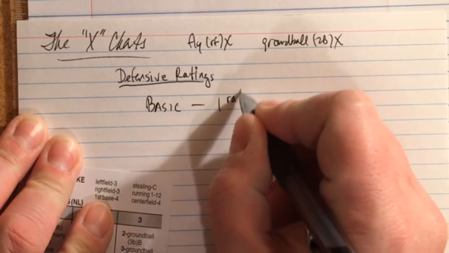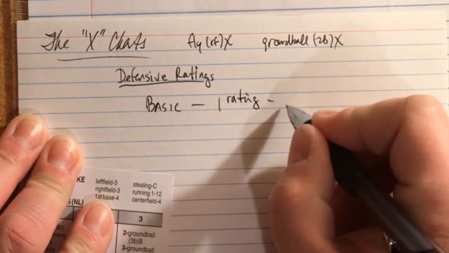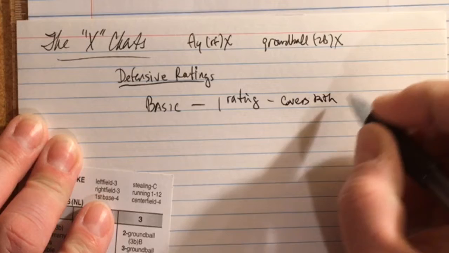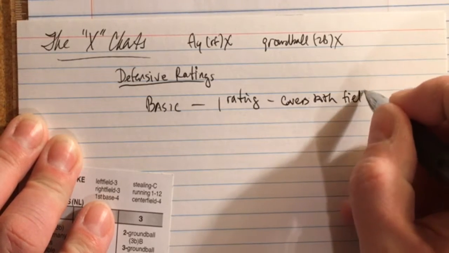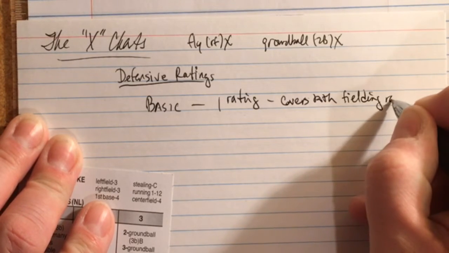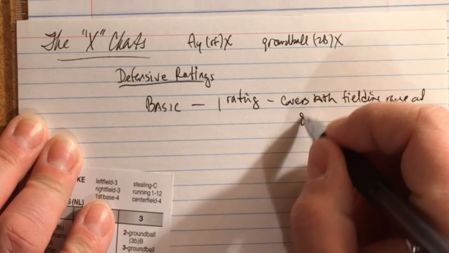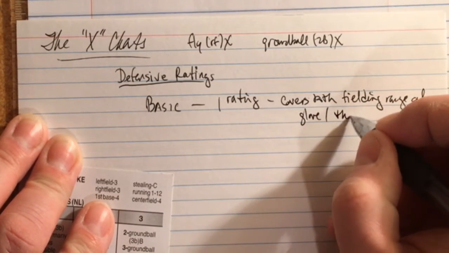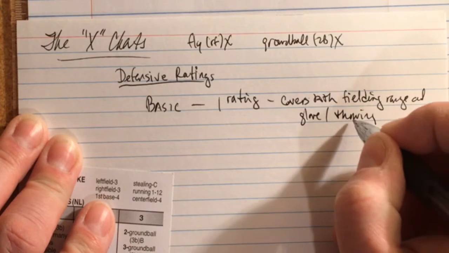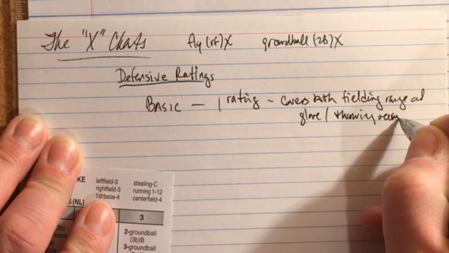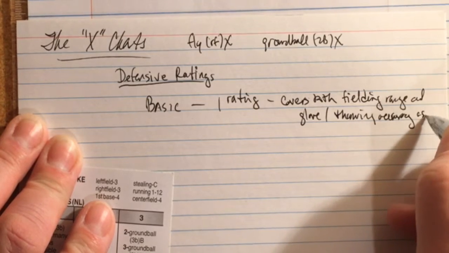One rating covers both fielding range and glove, throwing accuracy aspects.